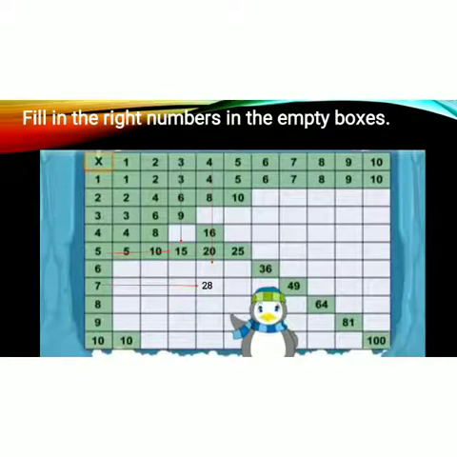Again the next example I am taking here. 3 from the row and 7 from the column. Now 3 sevens are 21. Here we'll get the correct answer with the help of multiplication. This way children, you have to fill out all the empty boxes.